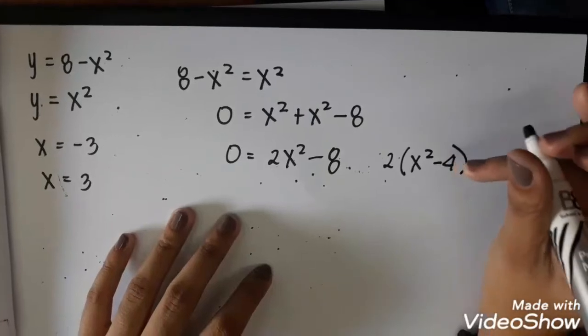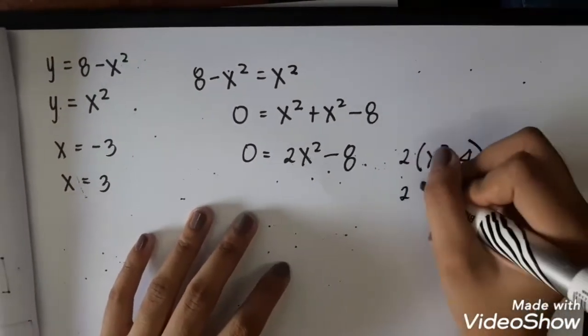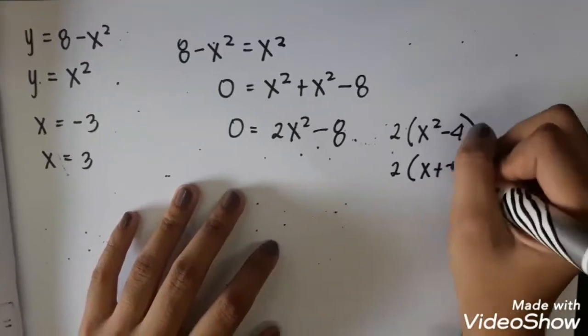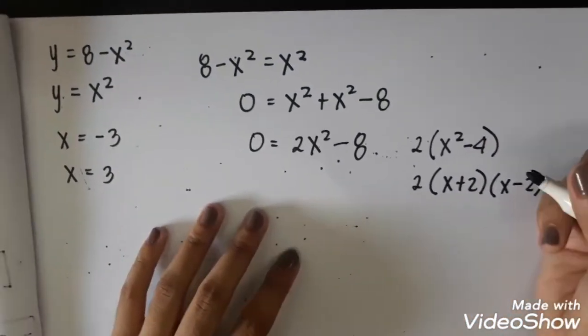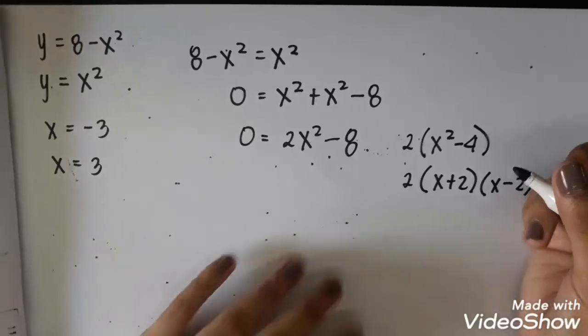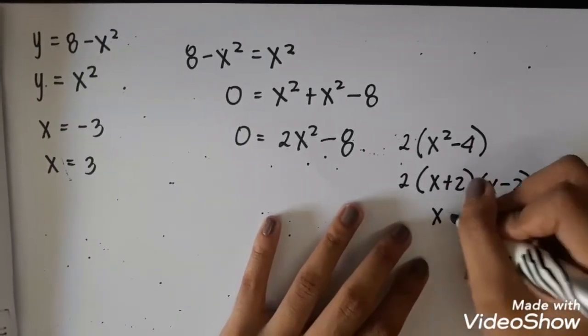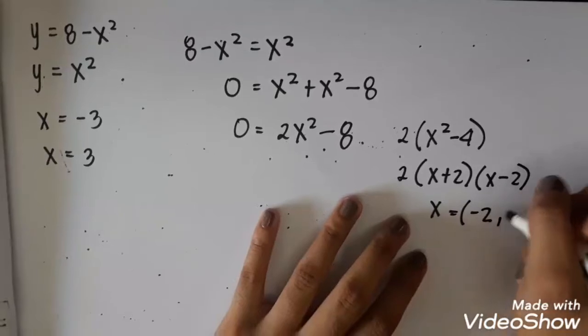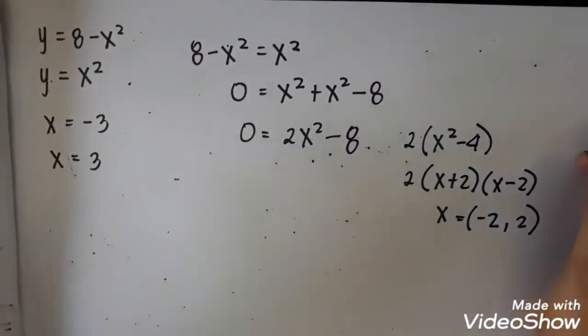We can still factor it out by 2 times x plus 2 times x minus 2. Now we have the x-intercepts of x is equals to negative 2 and 2 from this set.